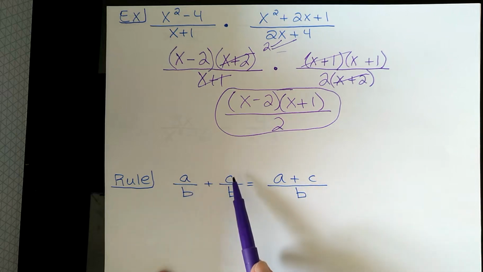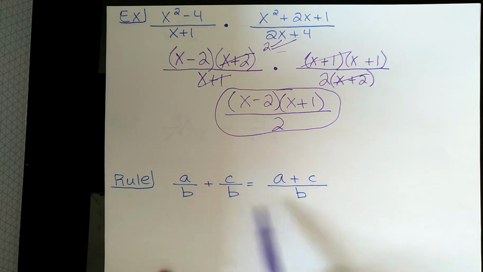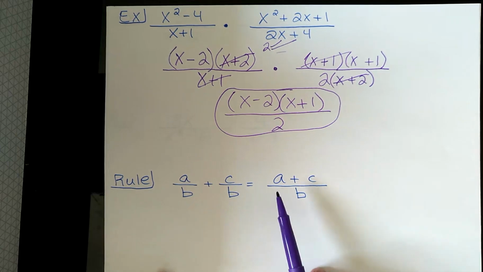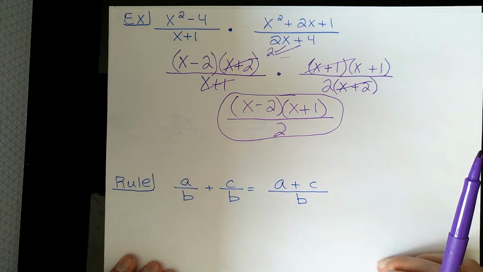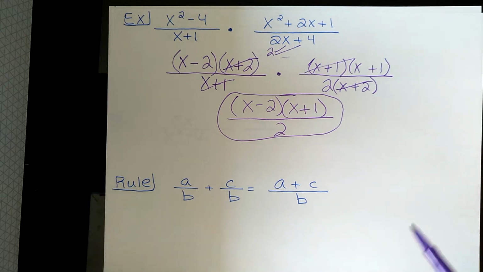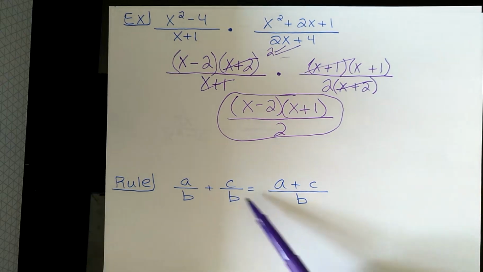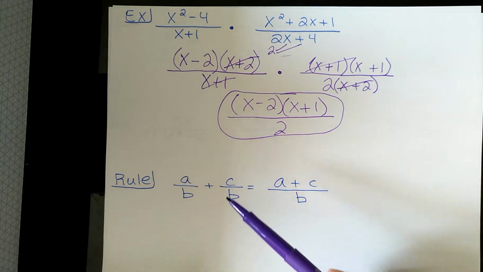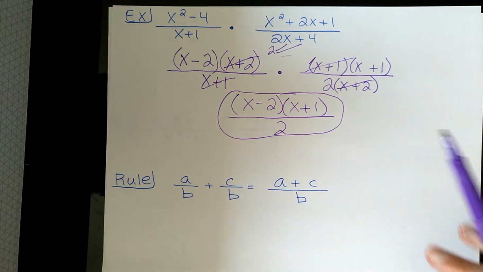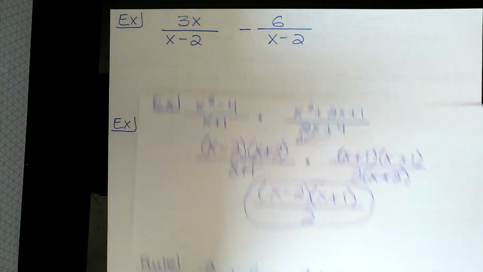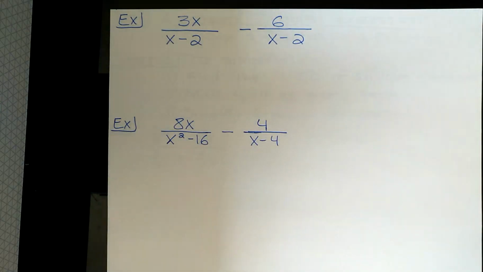So we get a plus c all over b. And this works exactly the same way for subtraction. Okay, one thing that is worth noting is if you do not have this common denominator, then you have to find it. You need to find the least common denominator, which we will show an example of.